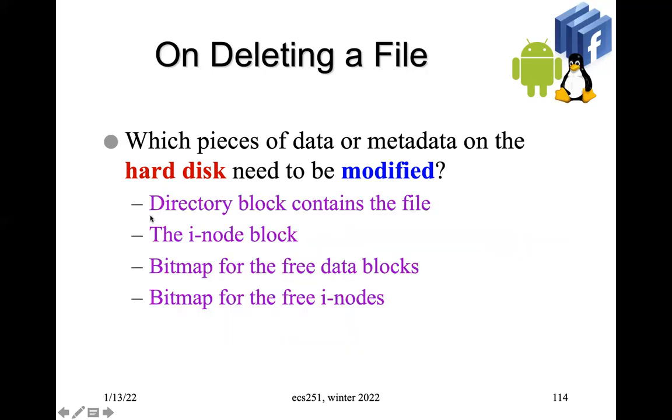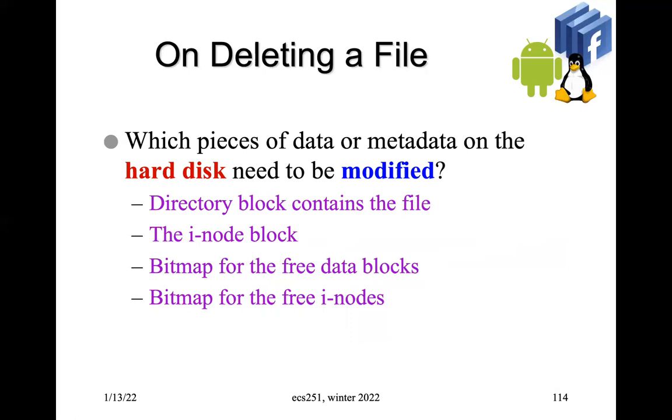So you have these four data structures: the directory block containing the file, the inode block, the bitmap for the free data blocks, and the bitmap for the free inodes. Are we all agreed on this? You have four data structures, right?